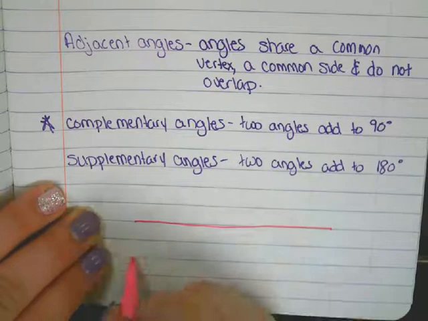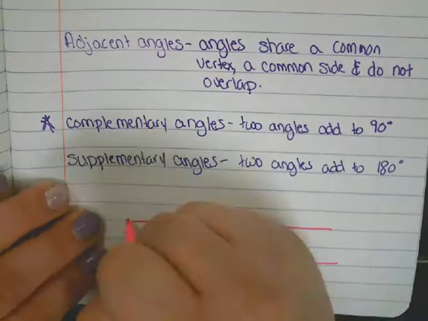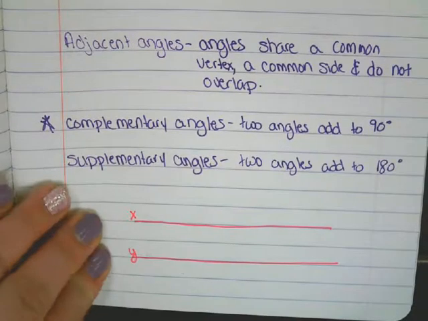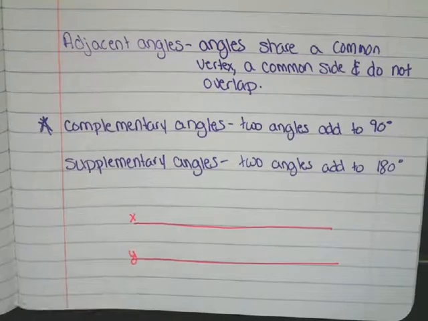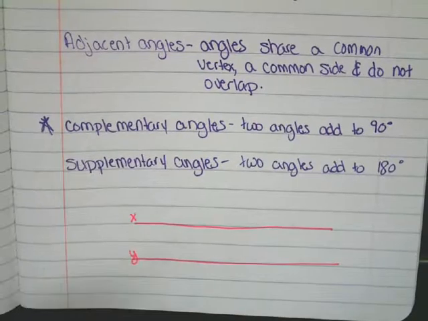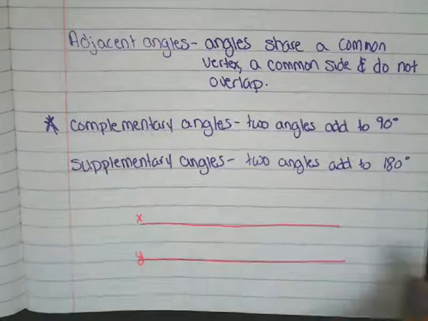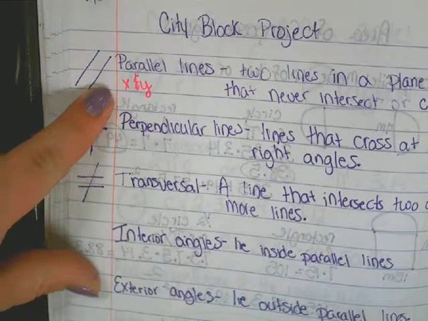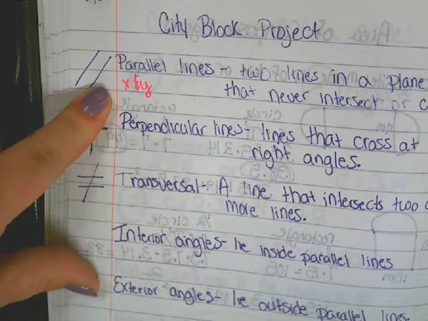Back in your notes, parallel lines, if you want to label that X and Y, I'll show you what I'm going to do. I'm just labeling it right underneath it in a different color so I can look at my picture and see what are parallel lines. So parallel lines are X and Y. The next one said I needed a perpendicular line. Perpendicular means I have to intersect at 90 degrees.